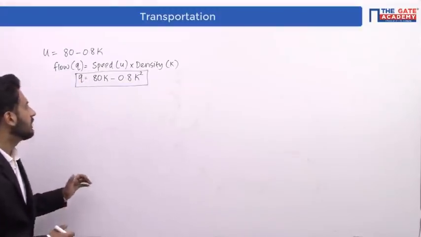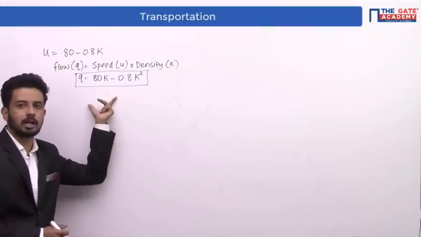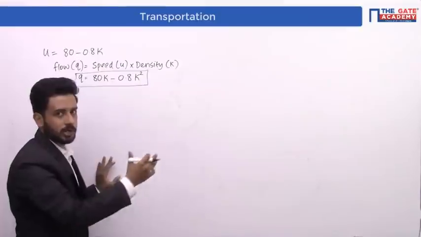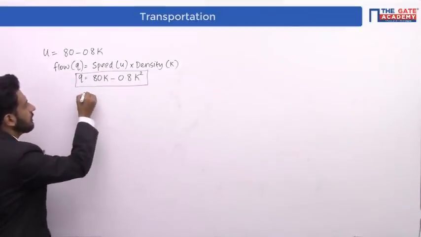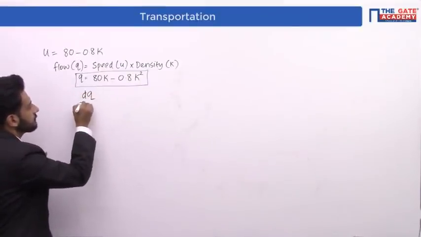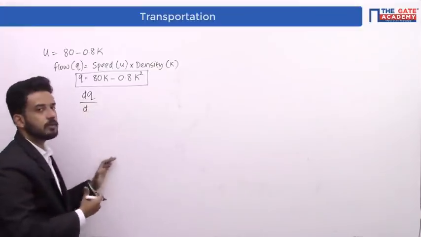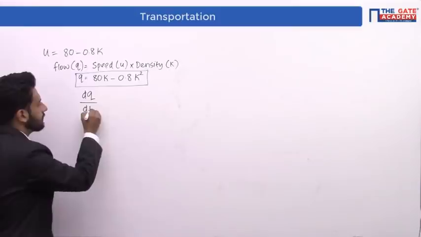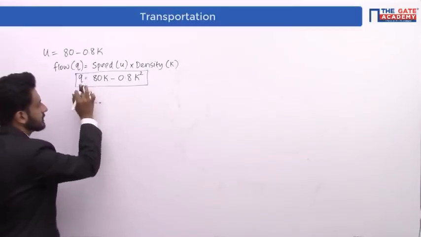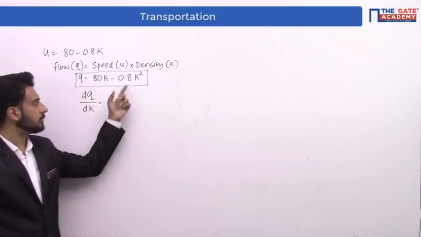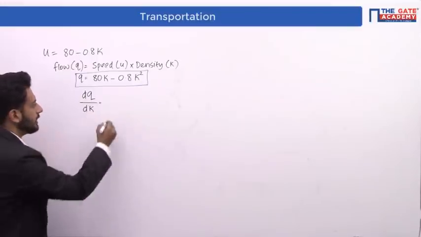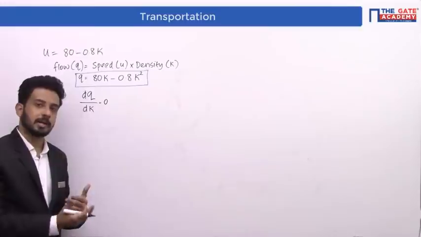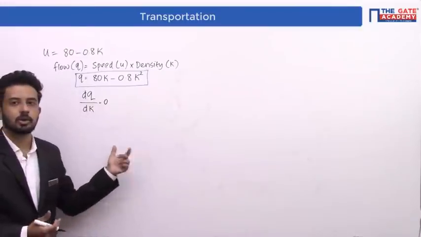What is the variable here? k. So I will differentiate this expression, this q, with respect to the variable k, and I will equate it to 0 whenever I want to maximize the quantity.